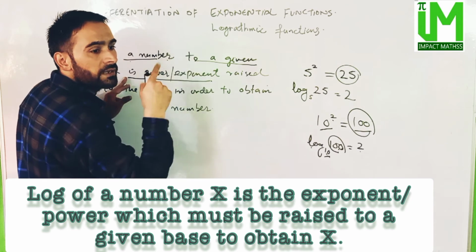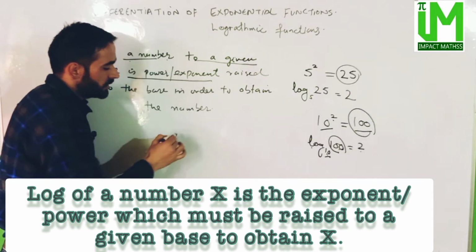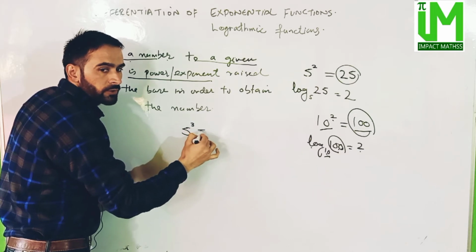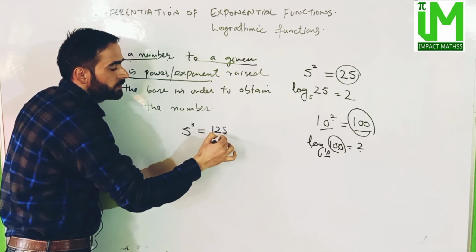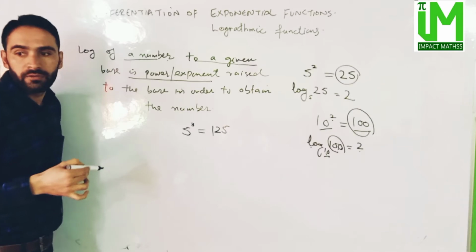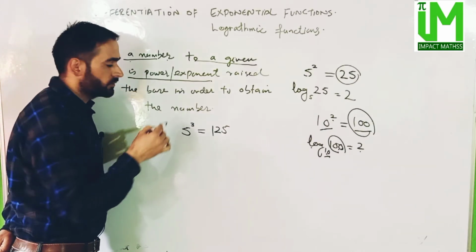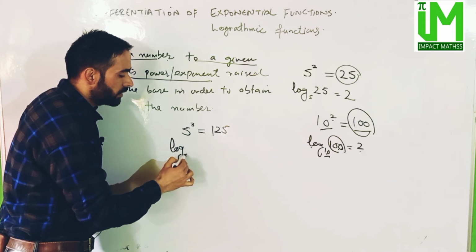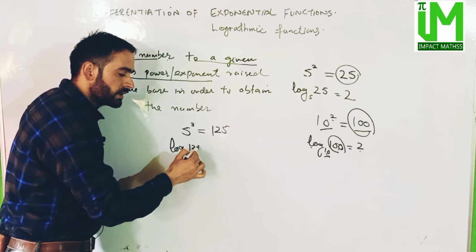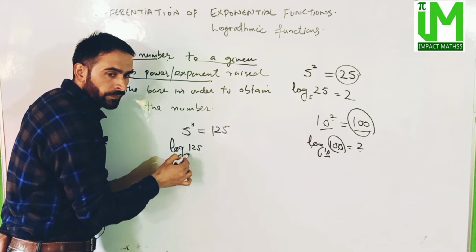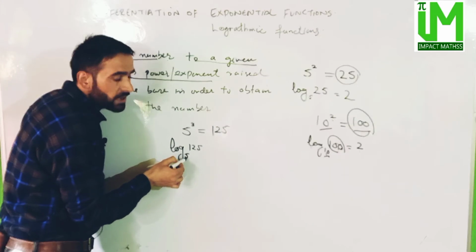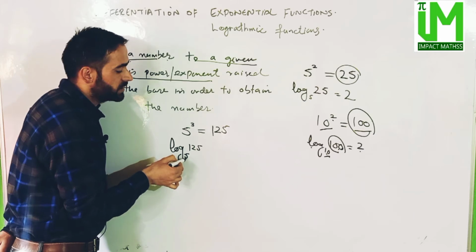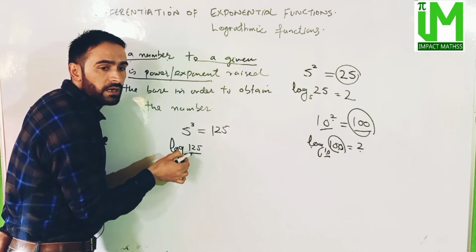So again, if we have 5 cubed is equal to 125, suppose we want log of 125 to the base 5. The base is 5, and to what power must we raise 5 in order to obtain 125?